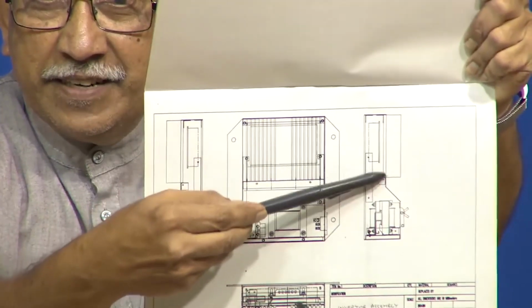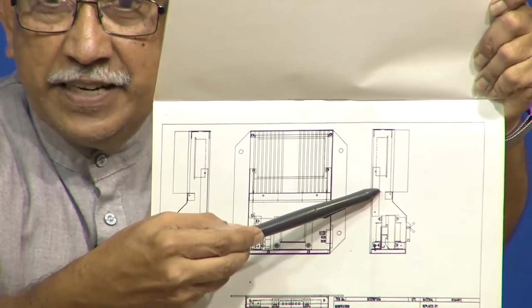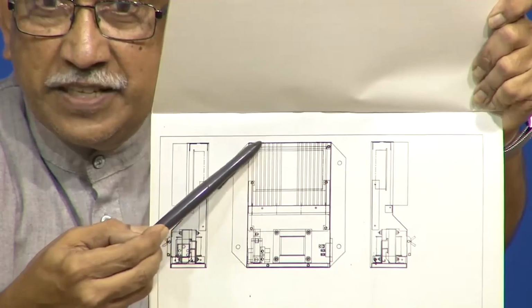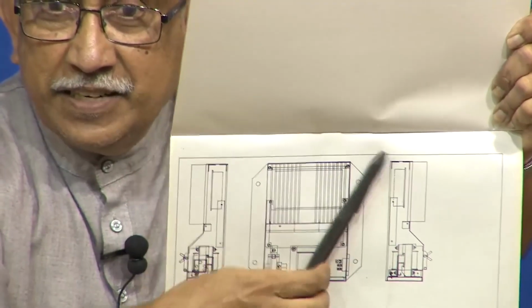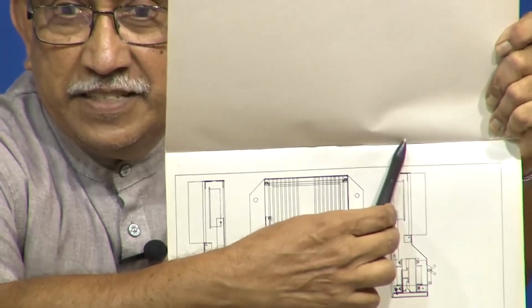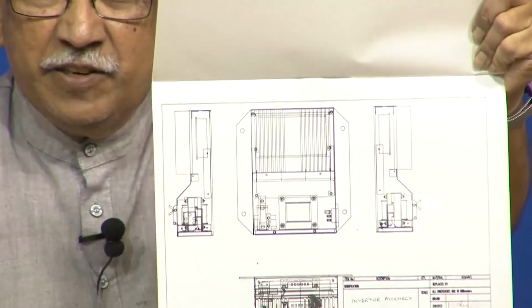Another feature is a small hinge here. In case you want any repair, you can open the two screws on the top and hinge this vertical part out. It comes out this way, and then you can plug it out and continue with your work.